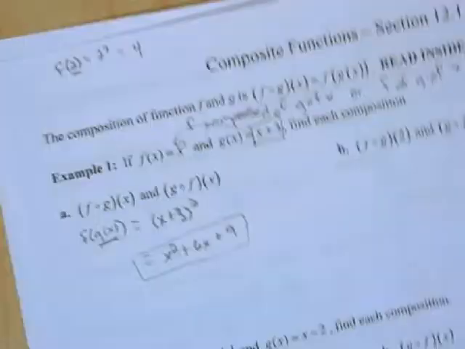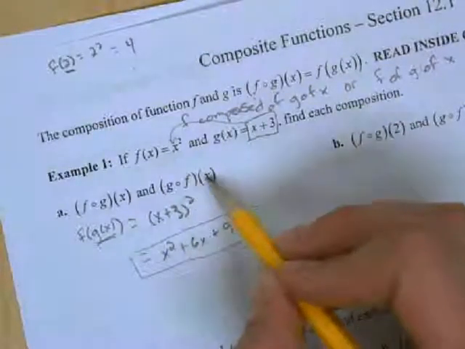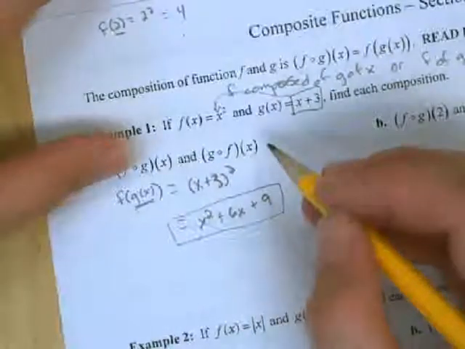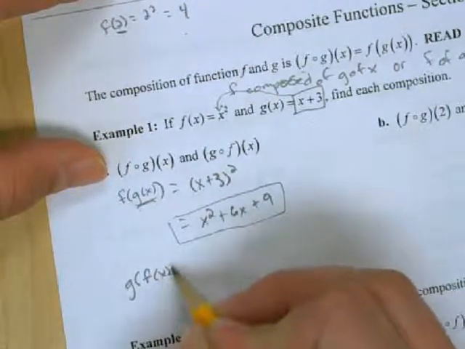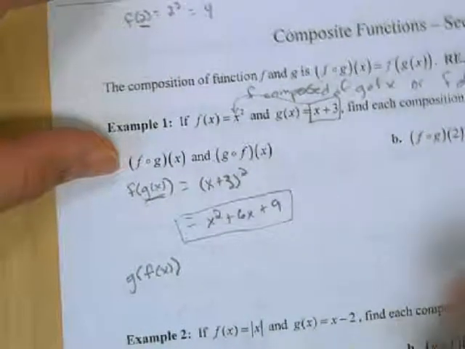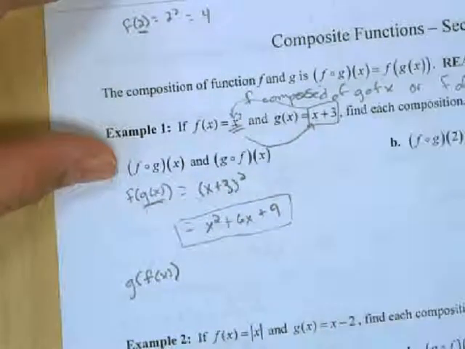Now, the other direction. Okay, if I want to do G composed of F of X, it's not going to be the same thing. G composed of F of X. So now, G is on the outside, and we're going to plug F of X inside. Okay, so now I'm going to take this X squared, and I'm going to plug it in for the X in G of X. It's a substitution.